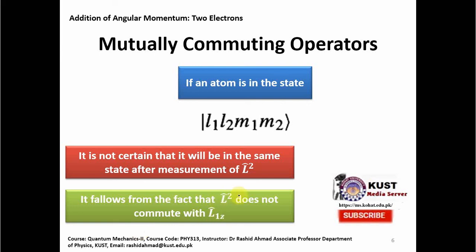That's different, because L square could commute with the Lz, but L square does not commute with the L1z. And here you see we have M1, and if I bring in the L square, it does not commute, so it cannot be further resolved, or these are the limited quantum numbers, or I cannot bring in the L square's quantum number.